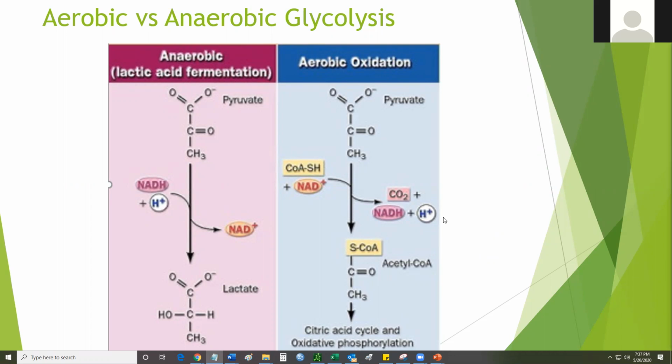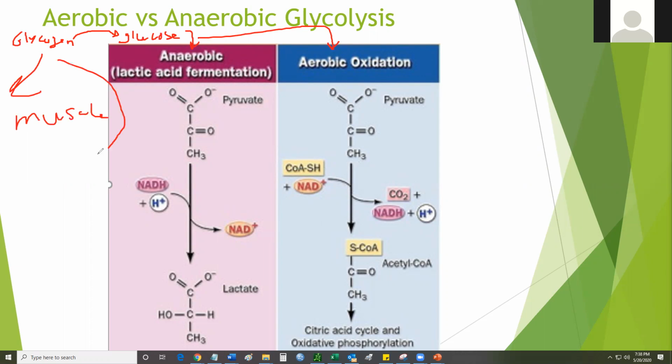When you are actually starting this process, first off, you're going to take glycogen and convert that into glucose. So you're going to break that down into glucose. Then it's going to enter glycolysis. You have two types of glycogen stores. Glycogen either comes from muscle or it comes from your liver.